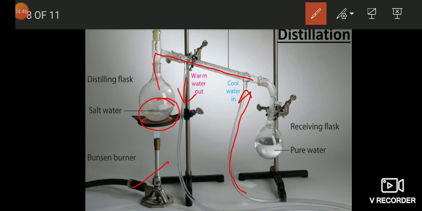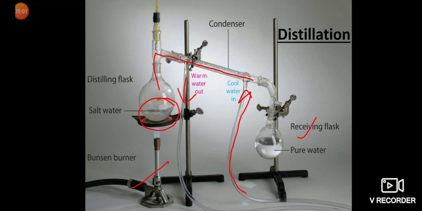When condensation goes on, the water vapor or steam changes into water droplets, and it is collected in the receiving flask, or in another beaker, which is the pure form. So this is the condenser where water vapor changes into water, and the water obtained in the second flask is the pure form. This is the process of distillation.